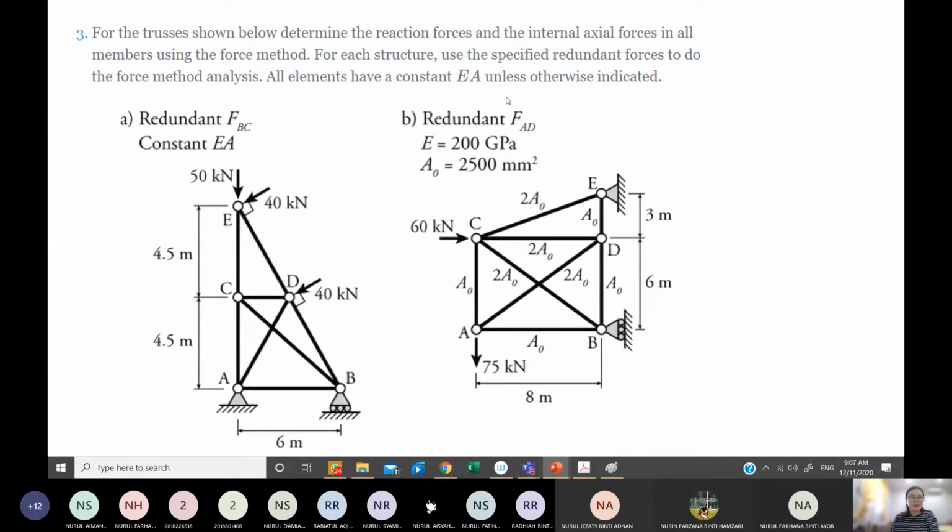Okay, so let's try. If you notice in this question B, we have a different area. Area is not constant, and we are going to put it in the table later. We need to determine the support reactions and all the internal forces using this force method, the flexibility method.